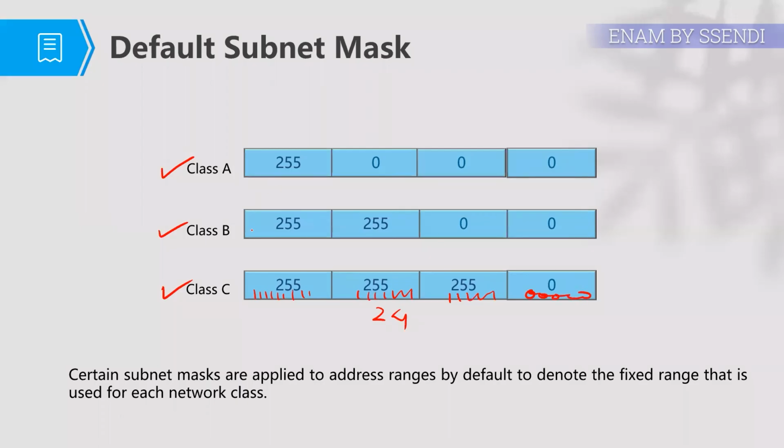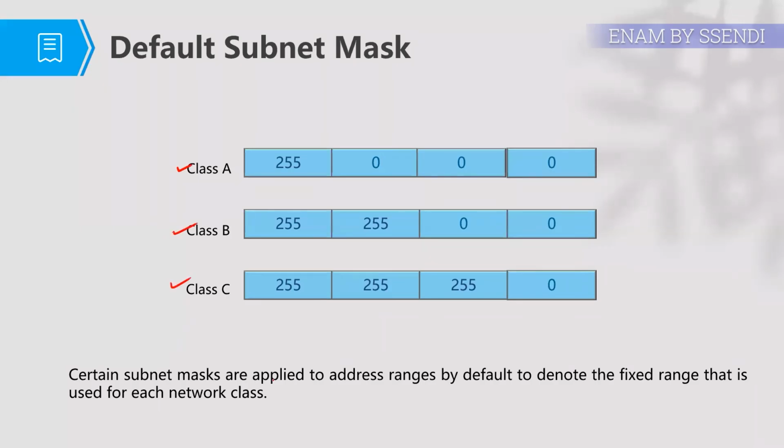Similarly here, the first 16 bits are all turned on. When you add 8 plus 8, you get 16. And similarly here, we only have 8 bits turned on, and the rest are zeros. This is what we call the default subnet mask, depending on the class.